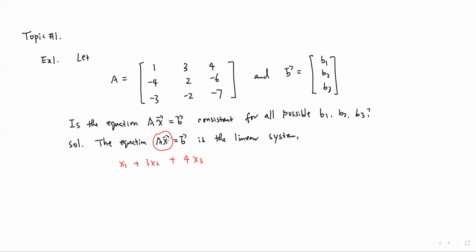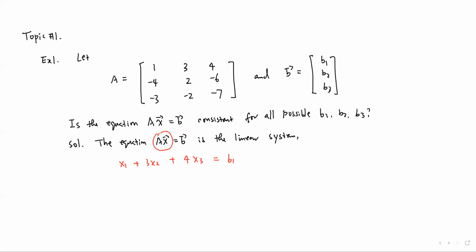This is the first entry of the left side of this equation. First entry should be equal to the first entry of B. So, one equation.